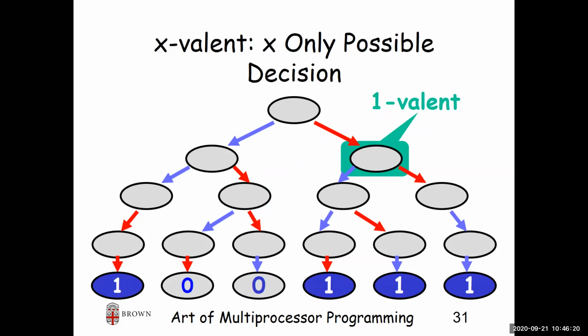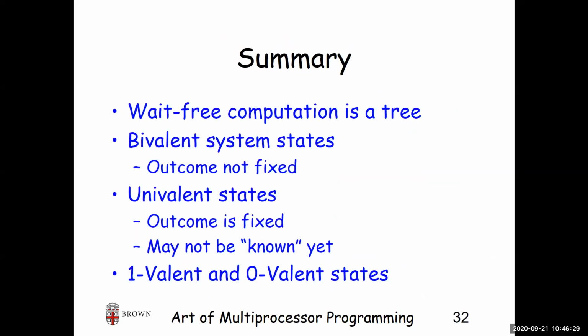So this is what we call a 1-valent state, because from this state, whether we move with thread B or thread A, we can only reach a 1. So the summary is that a wait-free computation is a tree, and there are bivalent system states where the outcome is not fixed, and there are univalent states where the outcome is fixed.